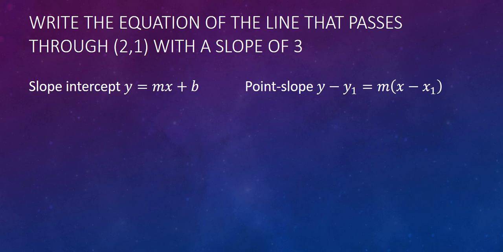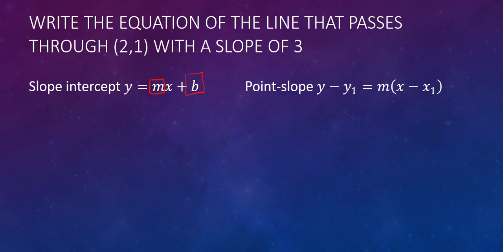So write the equation of the line that passes through (2, 1), that ordered pair, with a slope of 3. So again, there's 2 ways you can do that. You can just use slope-intercept form, or you can use point-slope form. So I'll show you both ways. So (2, 1) is not the y-intercept, so unfortunately we need to know m and b.